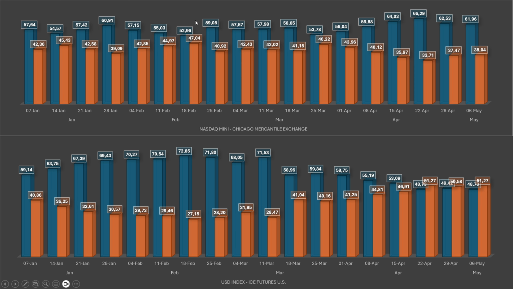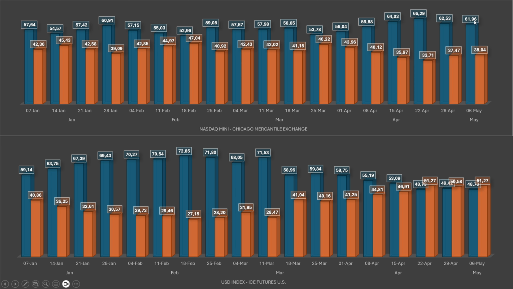So looking at the Nasdaq, which is on top, and then the DXY at the bottom, all I'm basically doing is also tracking where our huge deep pocket investors are buying and selling price. So these will basically be the non-commercials that I am looking at.